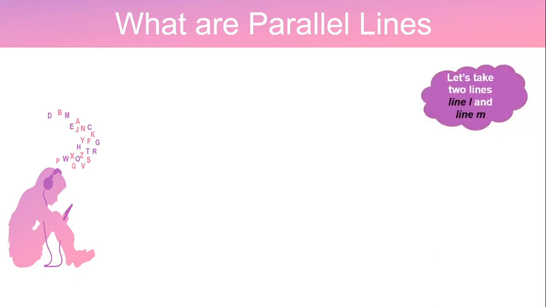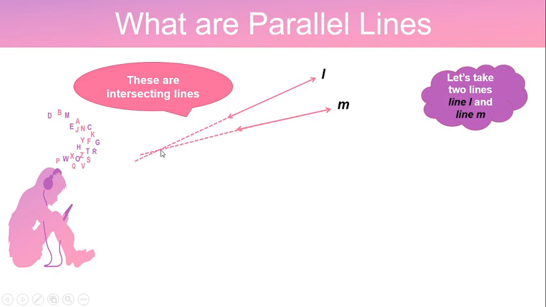Now let's take two lines L and M. Observe here, the lines L and M are slanted. If we extend these lines, they will meet at some point.